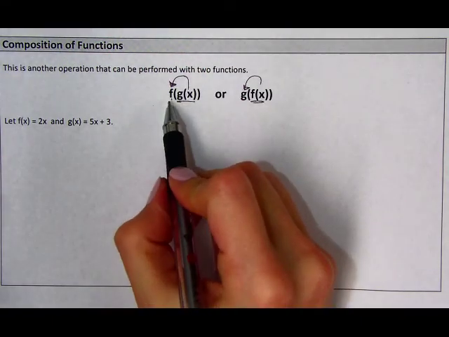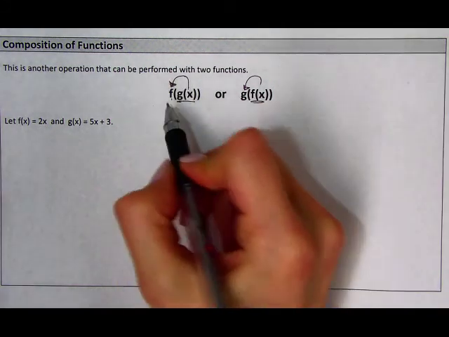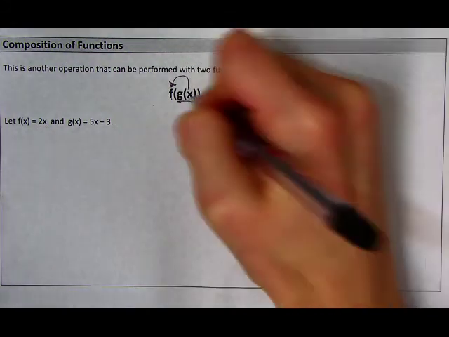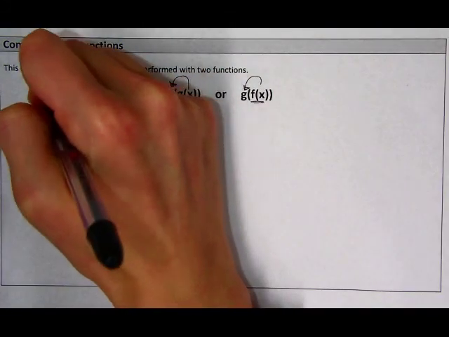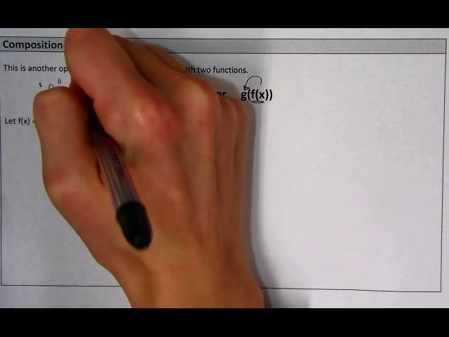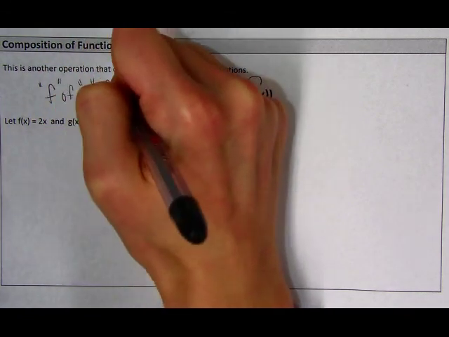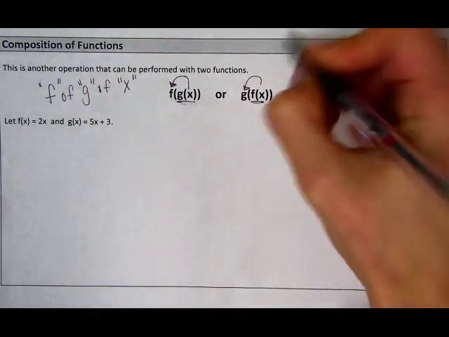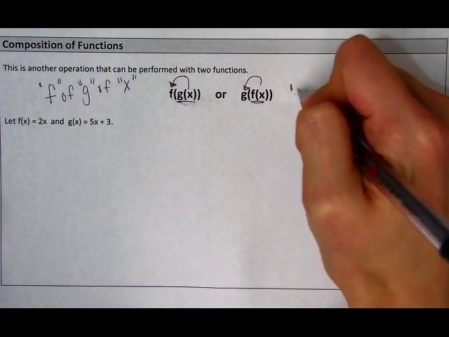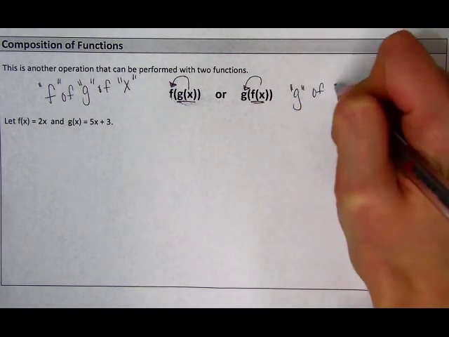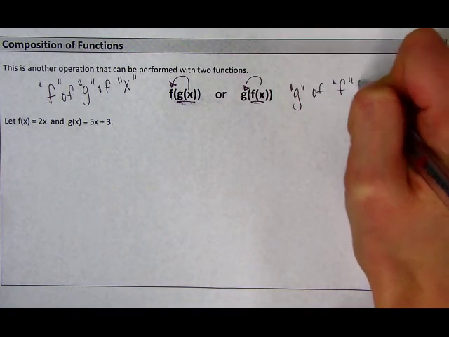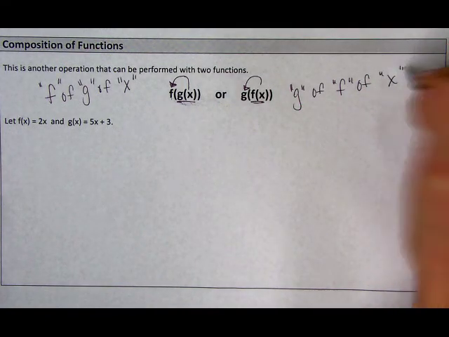When you have something that looks like this, you can write it as, in this case, f of g of x. And this guy over here would be called g of f of x, basically.